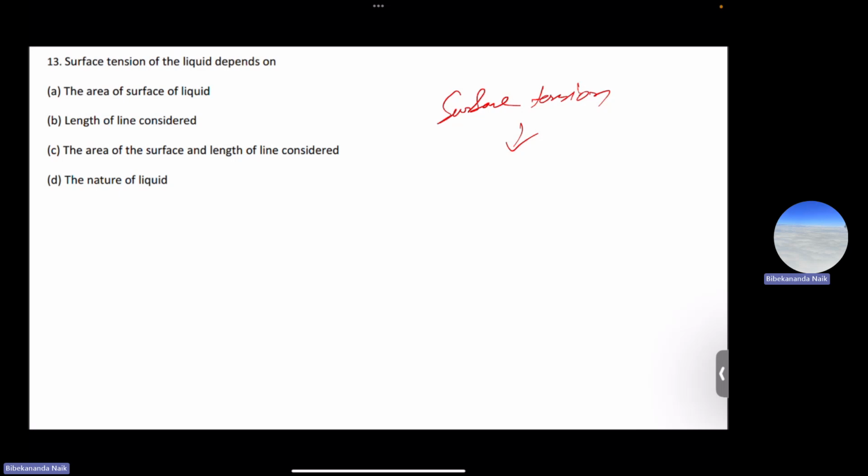For example, you must have seen small flies standing on the surface. When they sit on the surface, then at the point of contact some spherical surface is created. This is due to the surface tension, and we know the surface tension is a property of the liquid, so it is the nature of the liquid. So the correct option will be option D.